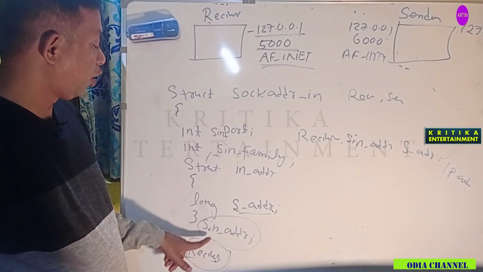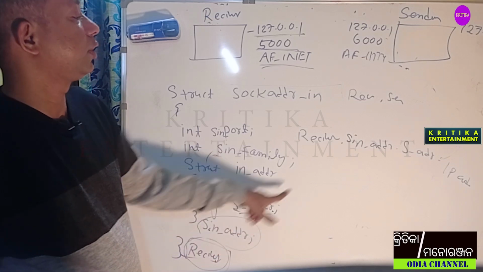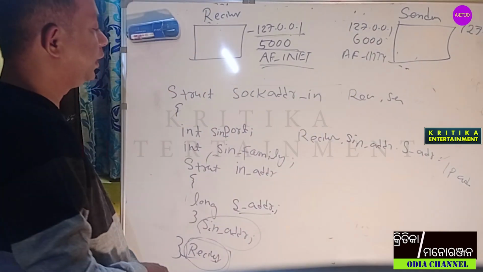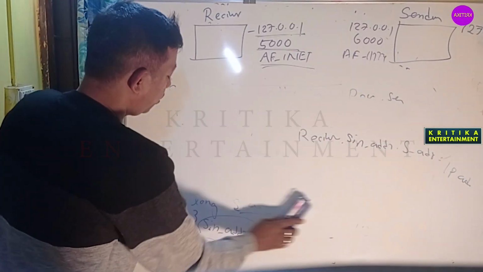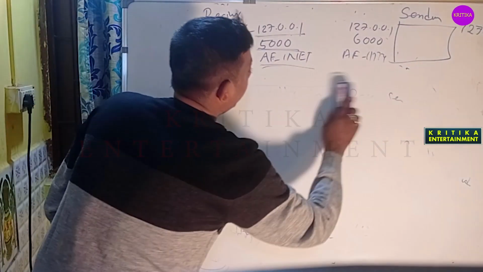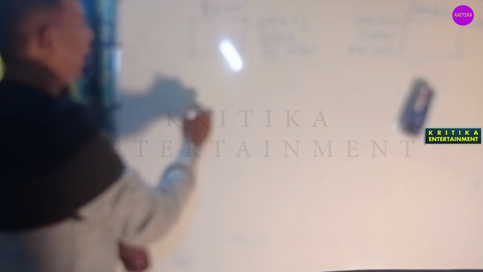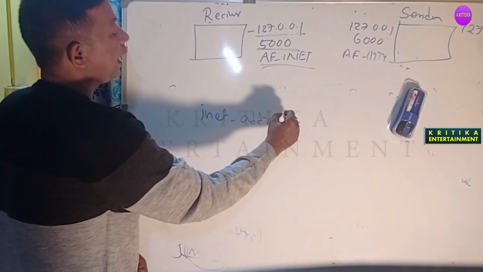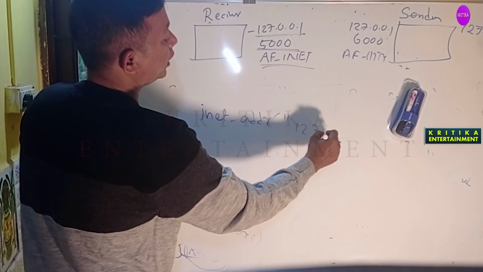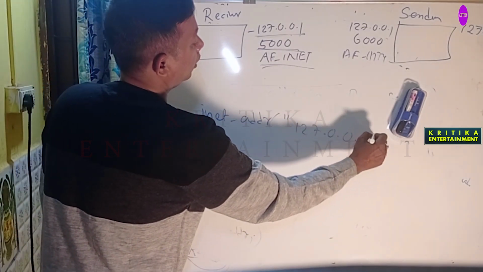You will write receiver dot sin_addr dot s_addr IP address. Then the question is, okay, then I can understand this, but why are you using inet_addr? You see inside inet_addr I have put 127.0.0.1.